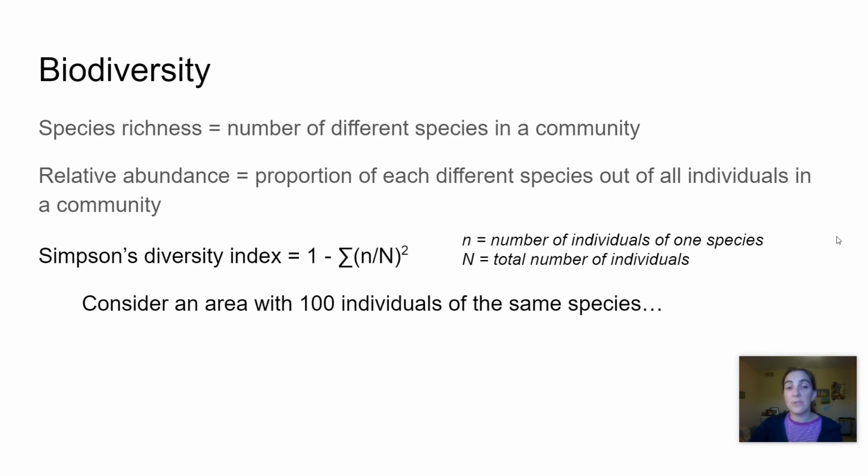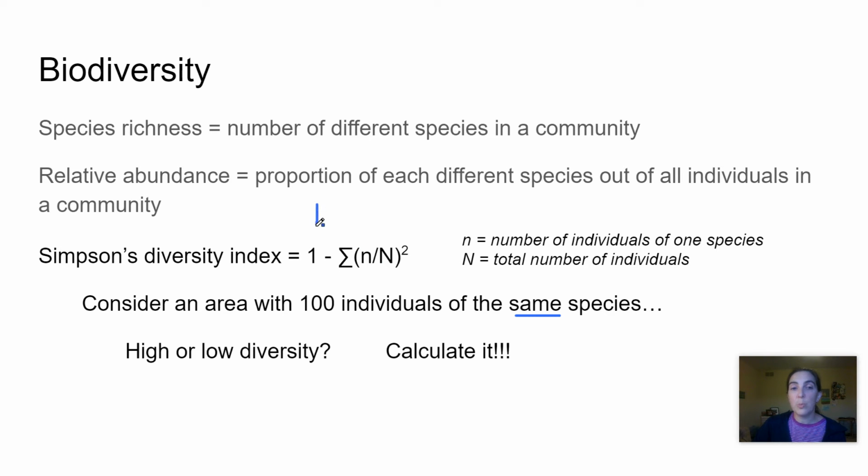If we consider an area with 100 total individuals that are all the same species, let's do that calculation real quick. We only have one species here. They're all the same. So that makes this math a little easier because we don't have to sum anything up. So we end up with 1 minus 100 individuals of this species out of a total of 100 individuals.